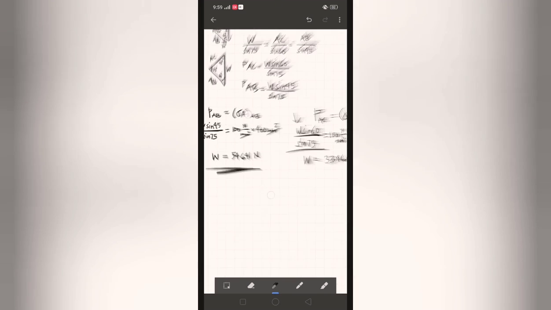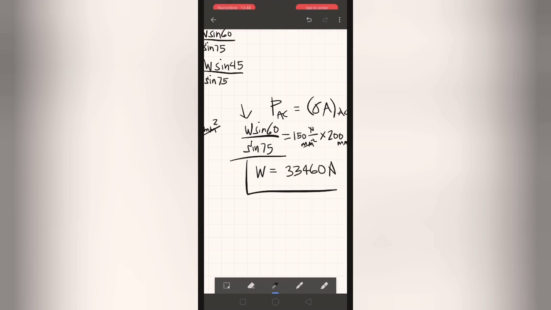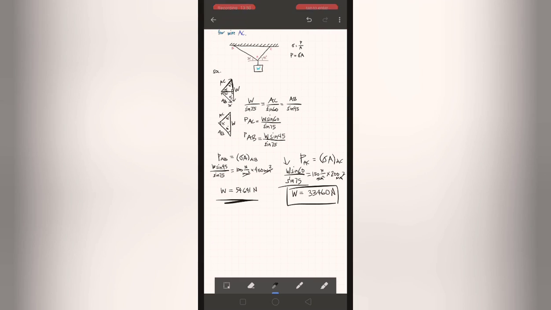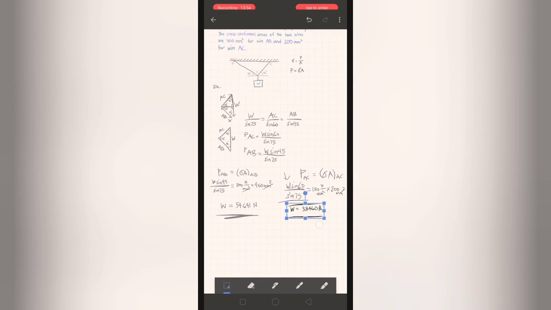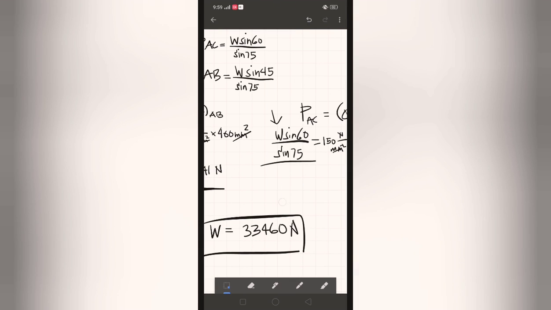Therefore, this force is not safe, and therefore the largest weight that can be supported by our system is 33,460 newtons. So this is now the answer.